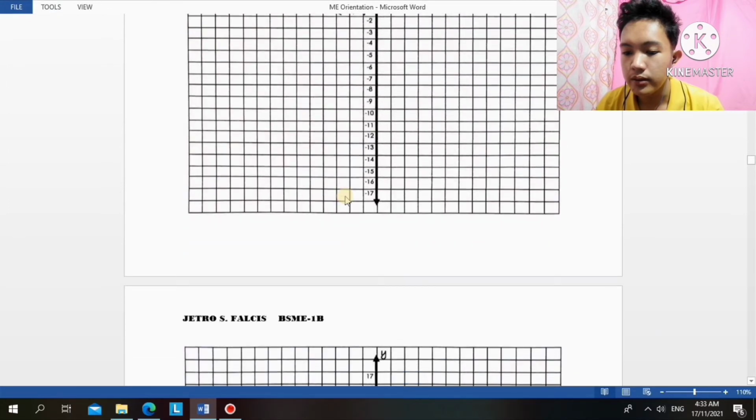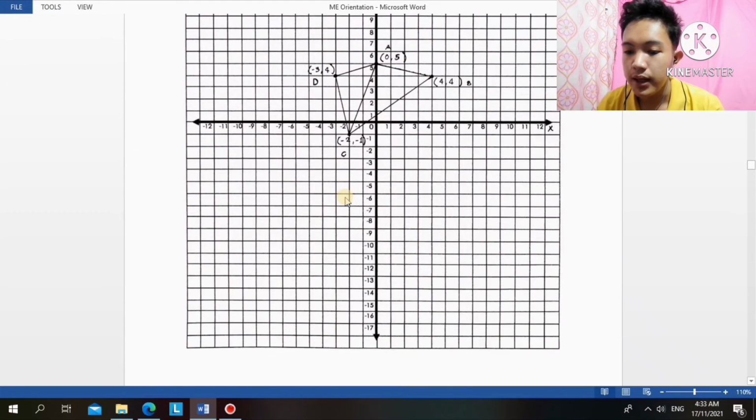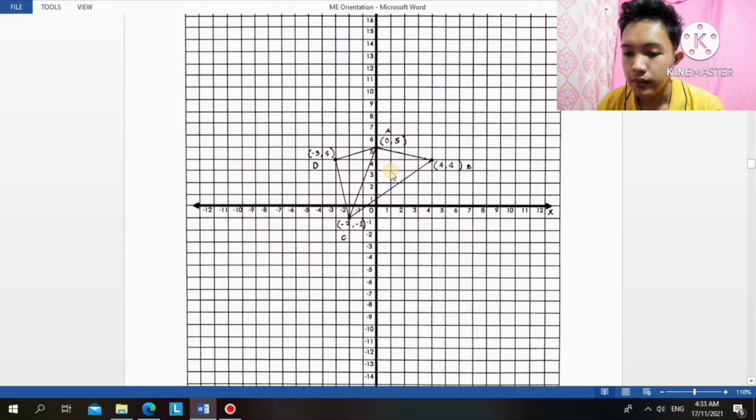So our graph will become like this. A, B, C, and D. So let's solve this. The first, this triangle ADC, which is (0, 5), (-3, 4), and (-2, -1).